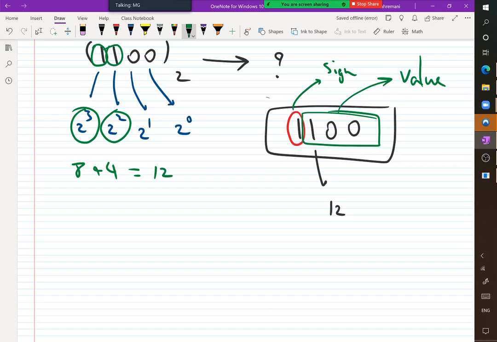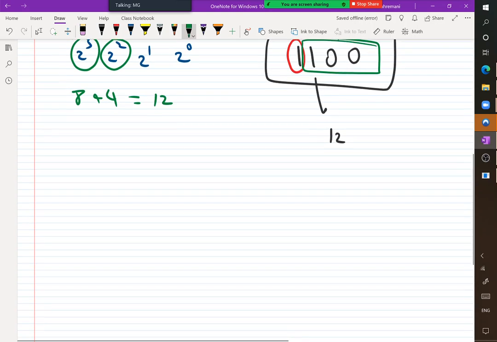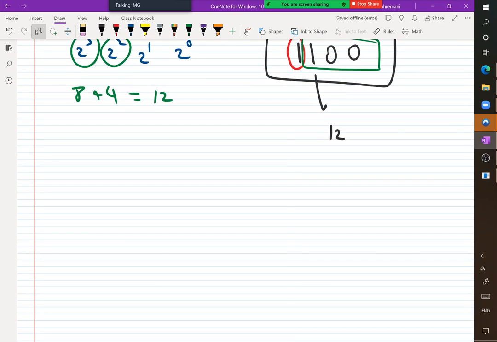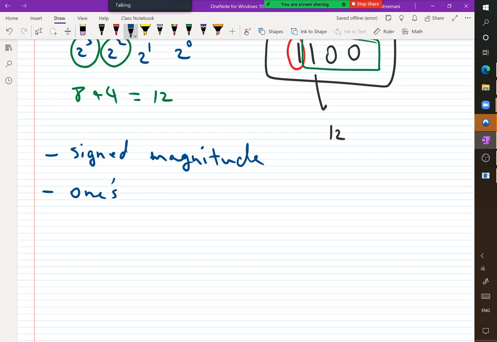Okay, so we have three different ways to represent numbers in signed representation. The first one is sign magnitude. The second one is ones complement.